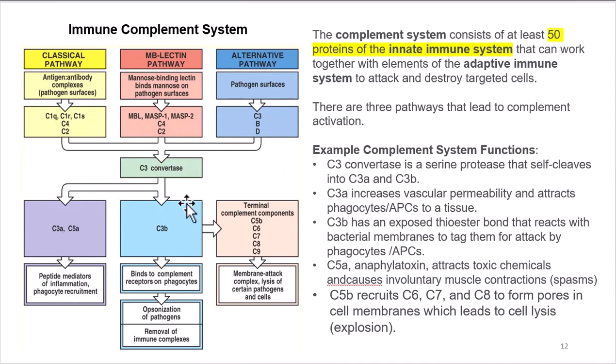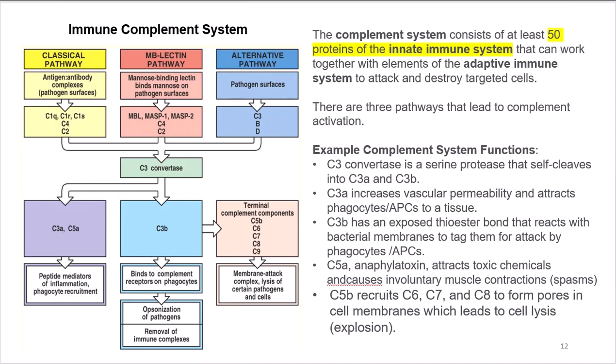But C3 is the most important one. And it's sort of like, in the future, if you were to study viruses, they make long polyprotein precursors, which then are able to cleave themselves up into smaller proteins. And the convertase is like that. It has the ability to self-cleave itself.